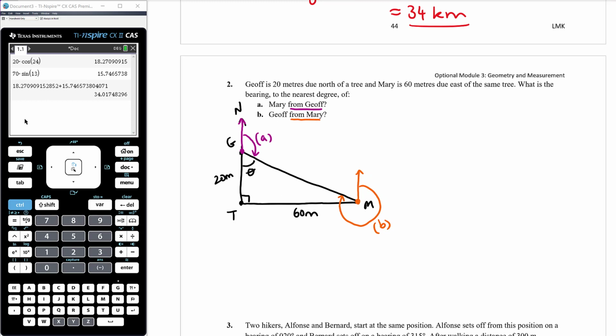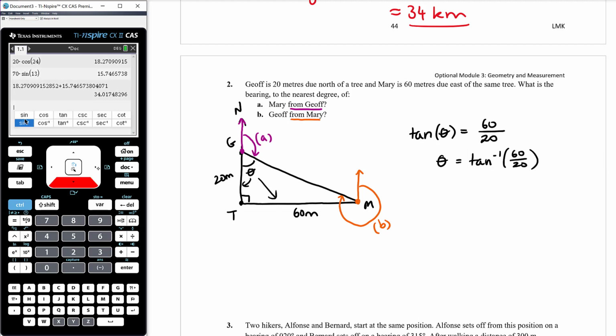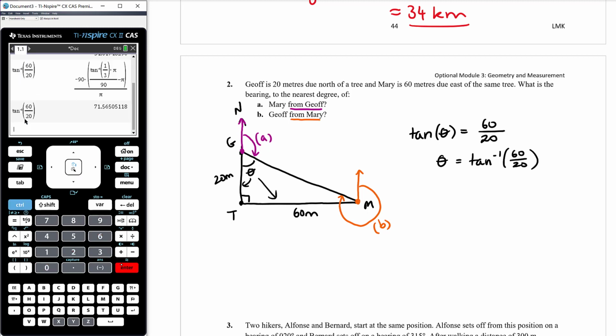So relative to that angle, 60 is opposite, 20 is adjacent. So we're going to use tan of theta equals opposite, which is 60, over adjacent, which is 20. So theta is inverse tan of 60 over 20, and yes, you can simplify 60 over 20 to 3 if you want. Theta is approximately 71 point, now we want our bearings to the nearest degree, so let's just keep this 71.6 degrees.